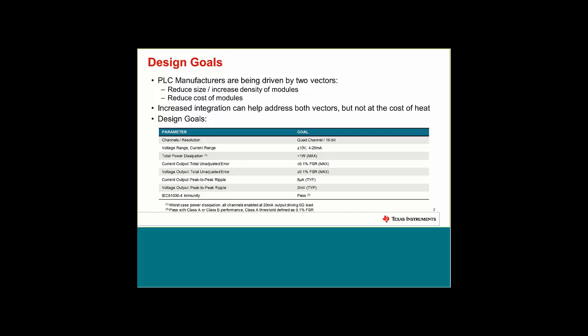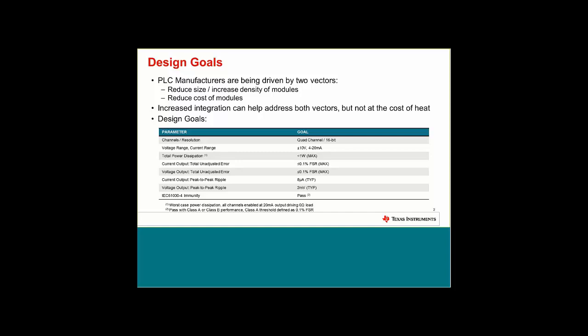So we came up with these basic design goals, which are quite common for most PLC manufacturers, listed below. Hitting the high points, we're going to have 4 channels with 16 bits of resolution supporting both voltage and current outputs. The voltage output in the span of plus or minus 10 volts, and the current outputs in the most ubiquitous terms of 4 to 20 milliamps.